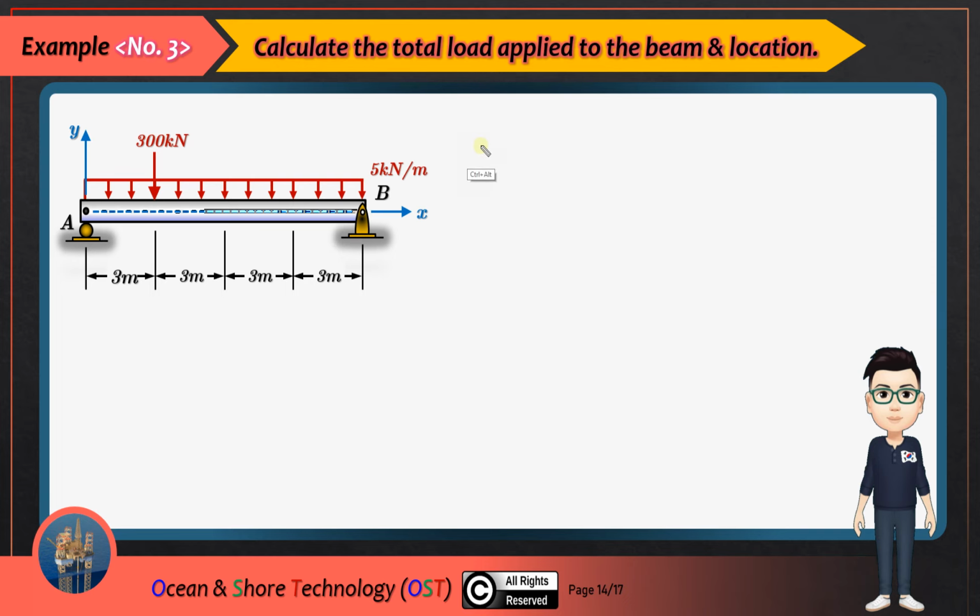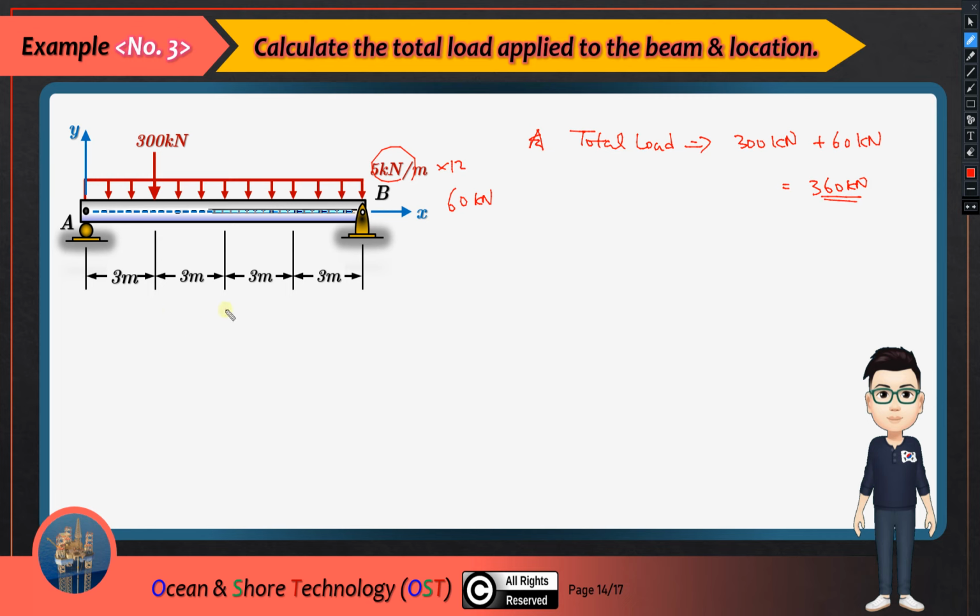Let's try to utilize the combination: the concentrated load is 300 kilonewton, and the distributed load is 5 times the length, that is 12, so that should be 60 kilonewton. Plus 60 kilonewton, so the total load should be 360 kilonewton.